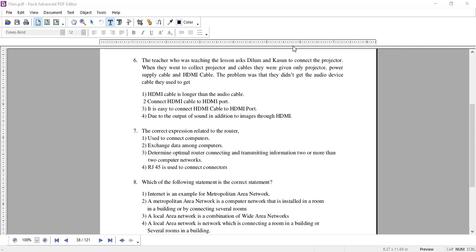So when they connect, will the sound work? That's a problem actually. And what is the relevant statement related to that one? That means with HDMI, with that port it is giving both audio and video. That's what you have to tell. That's like a statement, right? That's a problem in the question, but that is what they are expecting. Understood? Okay, sir.